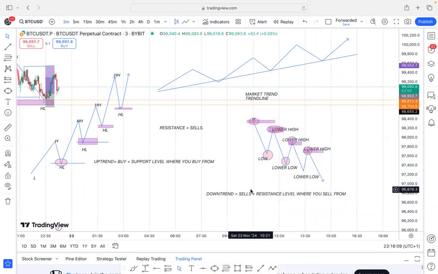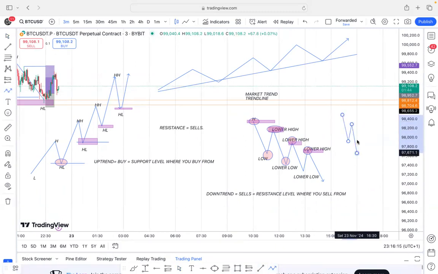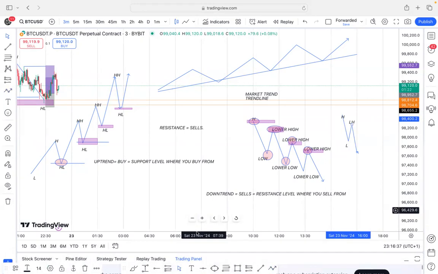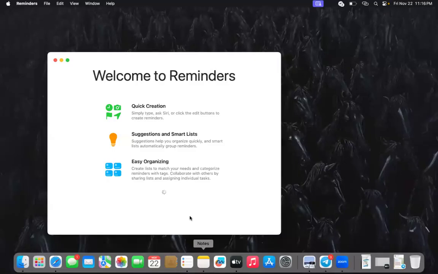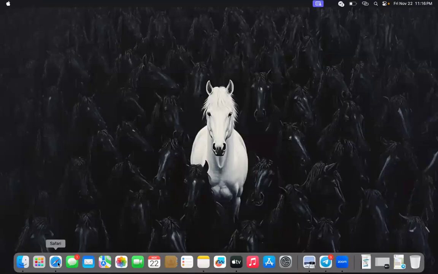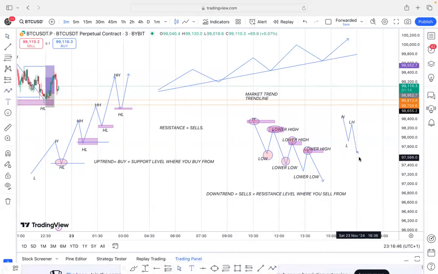Now, when price is coming down, it's creating a series of high, low, high, low. As price has done this, it's created a high, created a low, created a lower high.